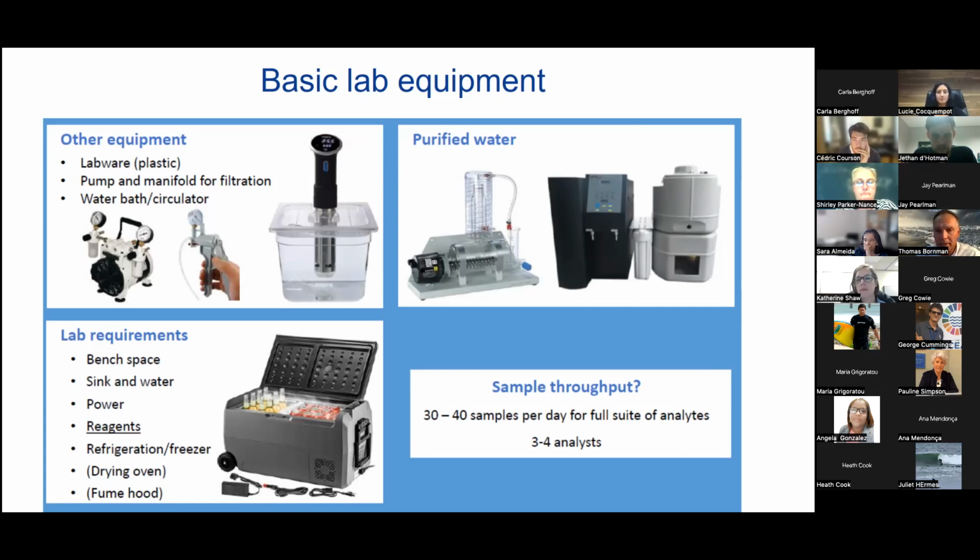So we will be looking at how to make purified water, but if push comes to shove, there are quite a few other methods that can be employed, especially in oligotrophic oceans such as the Western Indian Ocean. And yeah, we're looking at a sample throughput of about 30 to 40 samples per day for the full suite.